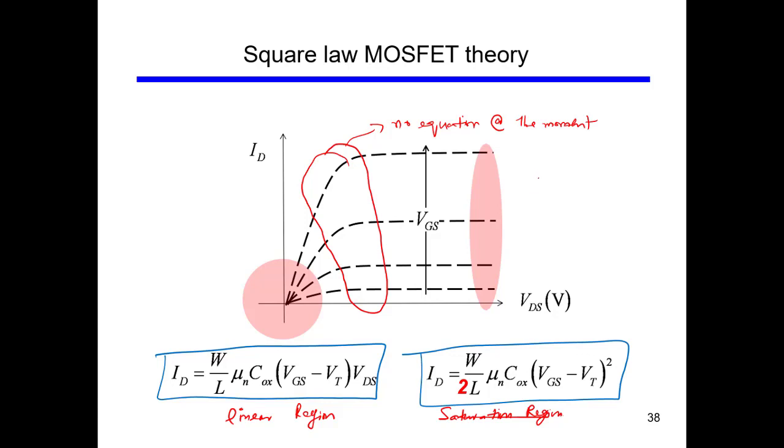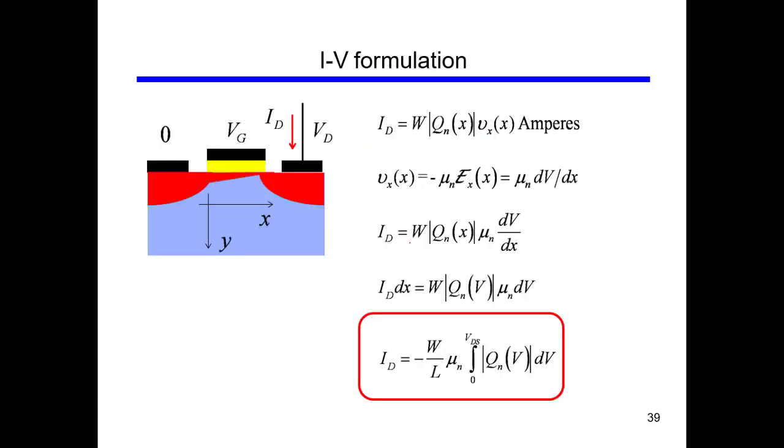Okay, so let's see. We start with this two-dimensional structure of MOSFET, and we already know this equation. This is the equation of current.